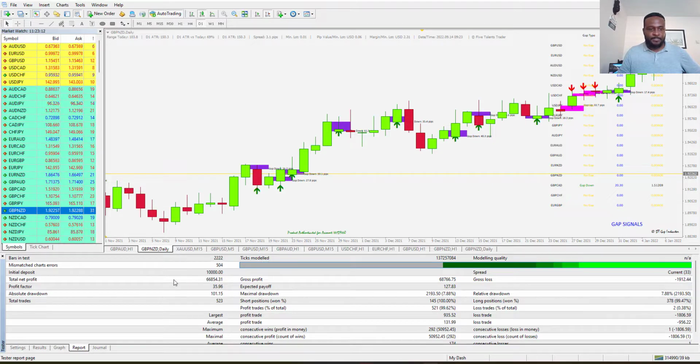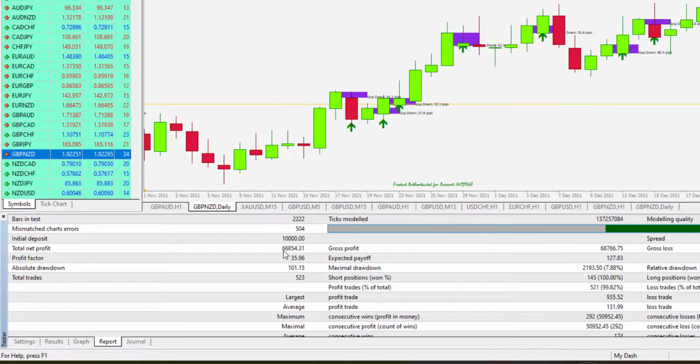When you look at it here, it says the initial deposit was 10,000. There was a net profit of 66,000. So come on, folks. If you had $10,000 in an account and turned it into 66,000 trading just one currency pair, typically once or twice a week, even if you had that kind of money in a bank account somewhere, you can have this kind of return.